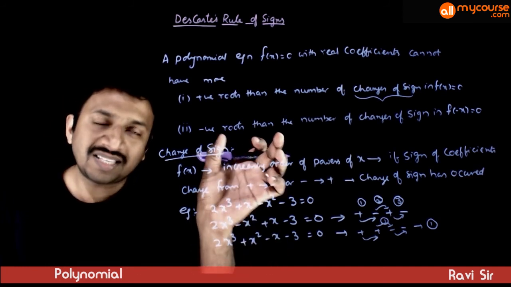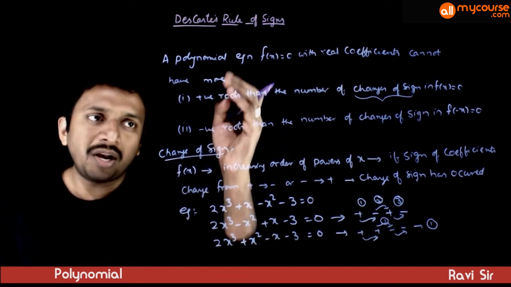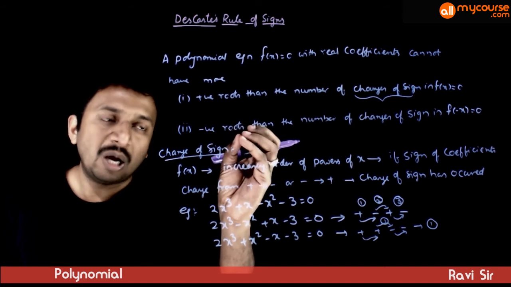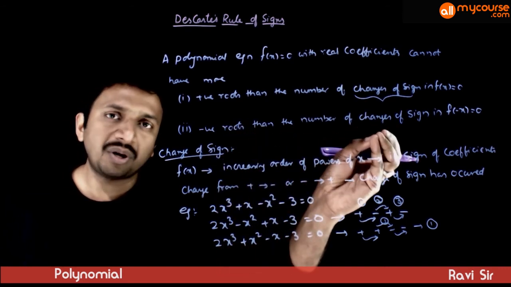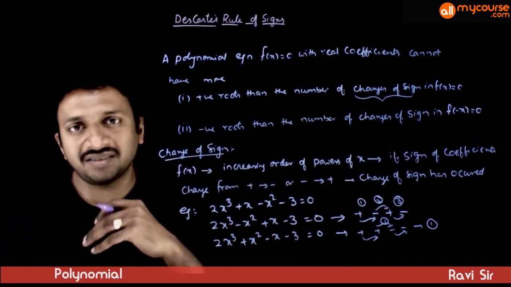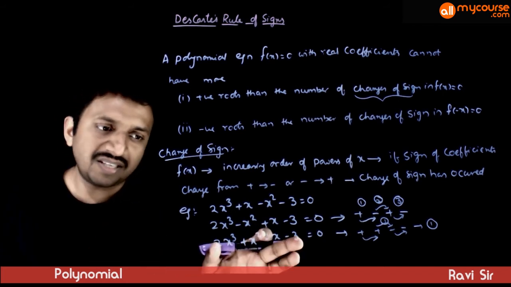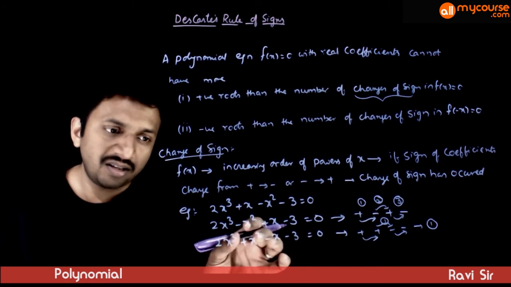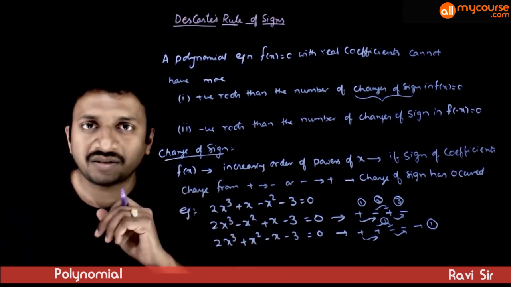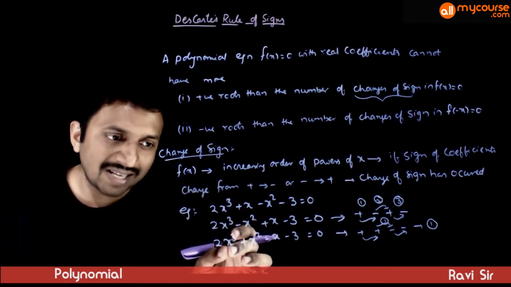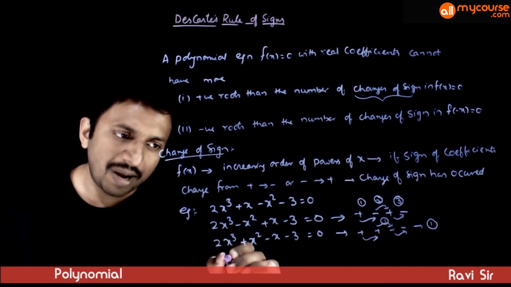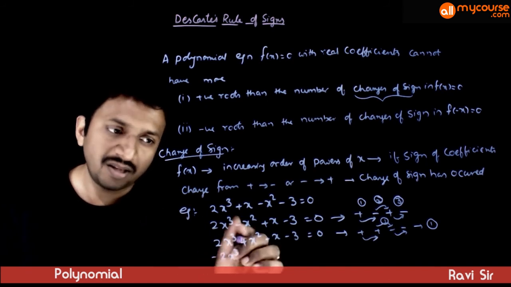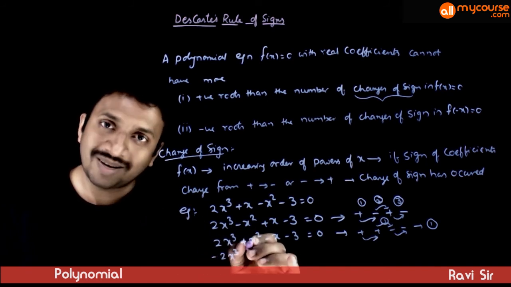So if you see the second statement, a polynomial equation cannot have more negative roots than the number of changes of sign in f of minus x is equal to 0. So if this is f of x is equal to 0, what is f of minus x? You just need to put minus x in the place of x. So you get minus 2x cube plus minus x whole square is x square.